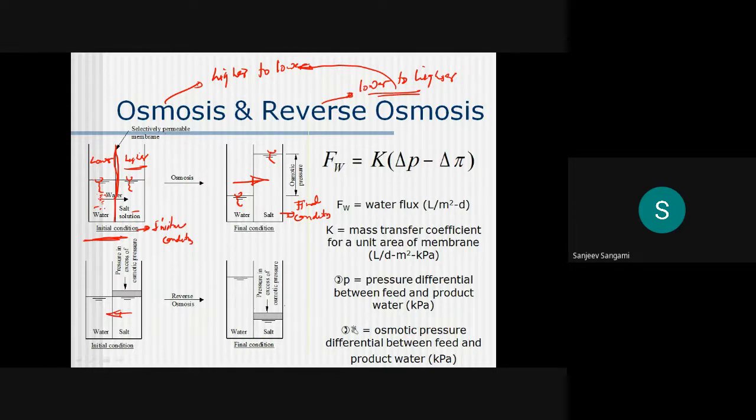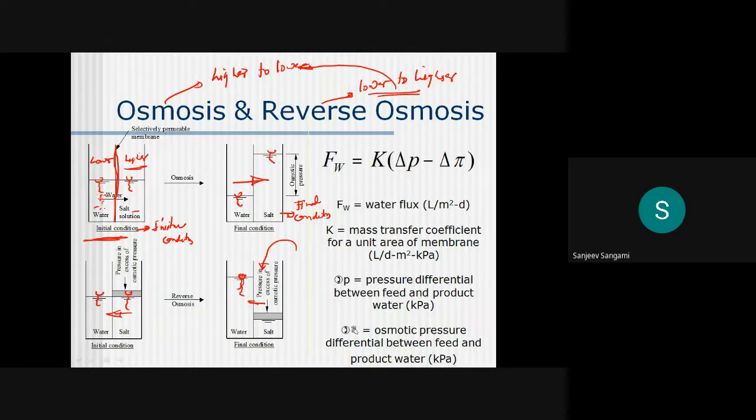So there will be an increase in the level at this section. At the initial stage both the levels are the same, but you have to apply some external pressure on the salt-containing water side.